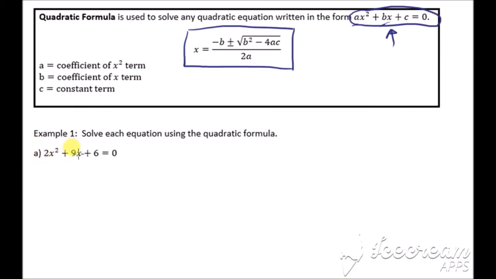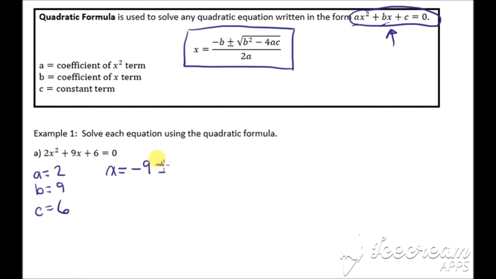Example 1, solve each equation using the quadratic formula. So we always want to start by listing a, b, and c. So we have 2, 9, and 6. And because this formula is on our page up here, I'm going to go ahead and just substitute in. x equals negative b, so we take b, which is 9, and it's going to be negative 9.